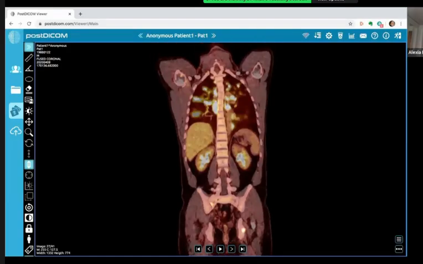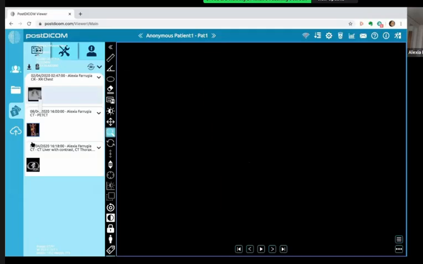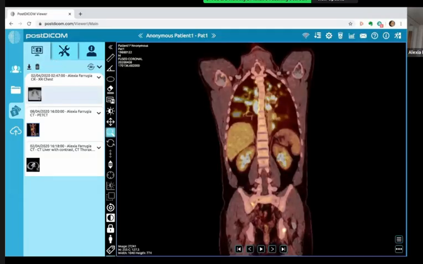Yes. So it was thought that this patient had a diffuse malignancy. So what they did was he had an EBUS to sample the mediastinal lymph nodes.